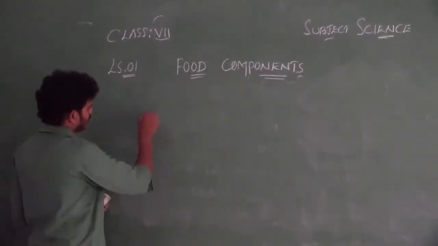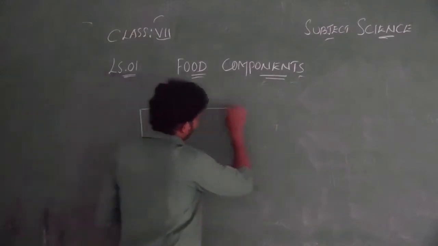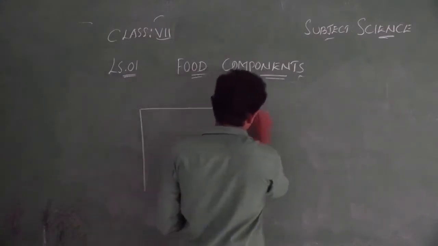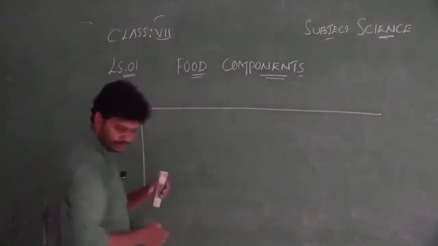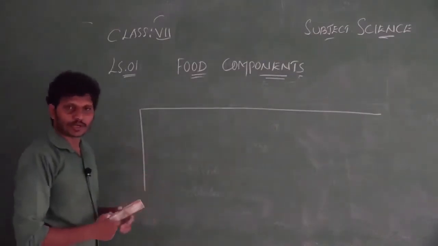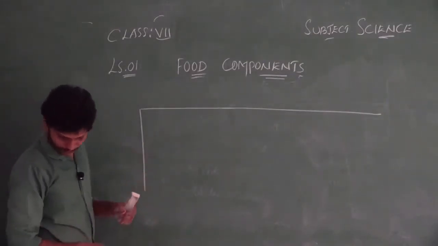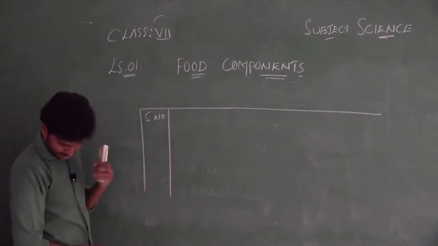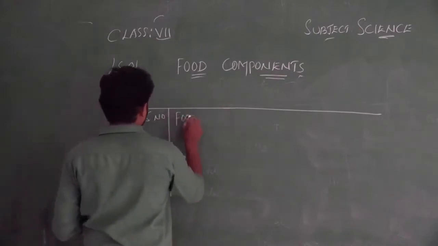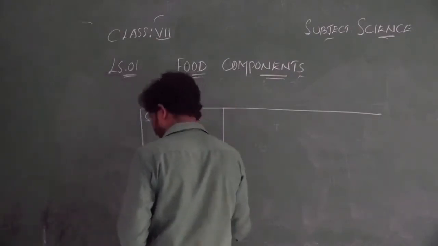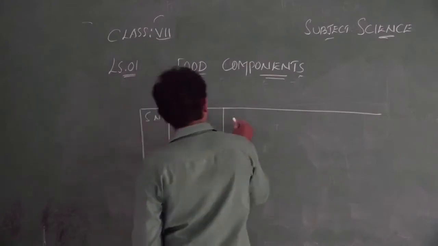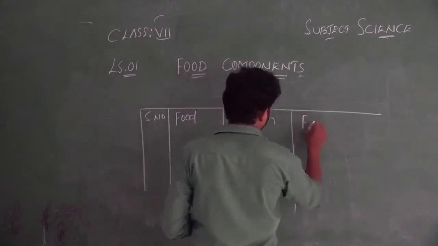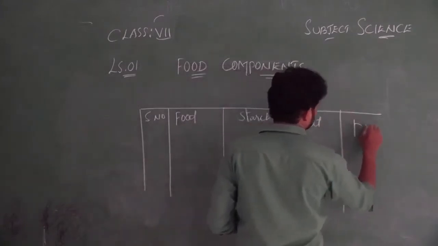This is for finding the different nutrients present in the food material. Serial number, then the food, the sample that you take, and next starch, fat, and proteins.